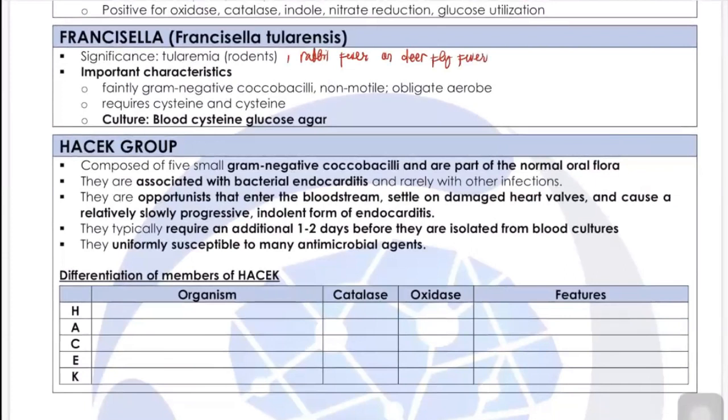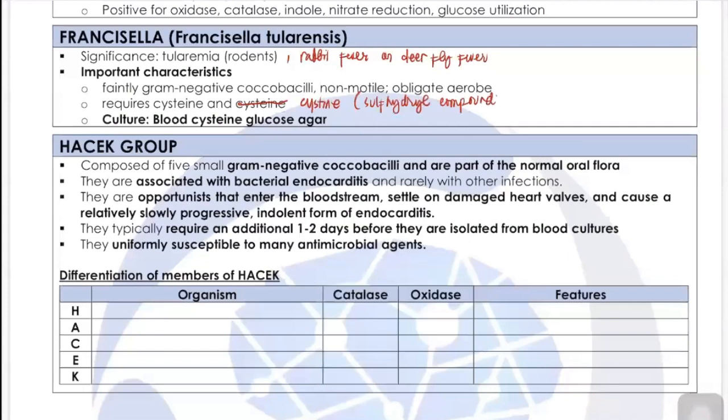This is a faintly gram-negative coccobacilli, non-motile and an obligate aerobe, and it requires cysteine and cystine for growth. These are sulfhydryl compounds. This might be used in the exam: which organism requires sulfhydryl compounds for growth?